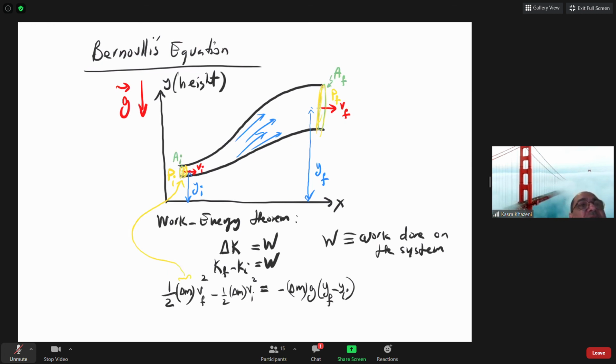Okay, but there's also another work done on this sliver of mass as it moves up, and that is the actual force that's pulling it up to that height. The work done by gravity is negative, and despite this thing moving up, gravity is still doing work, but it's negative because it's trying to pull it down.